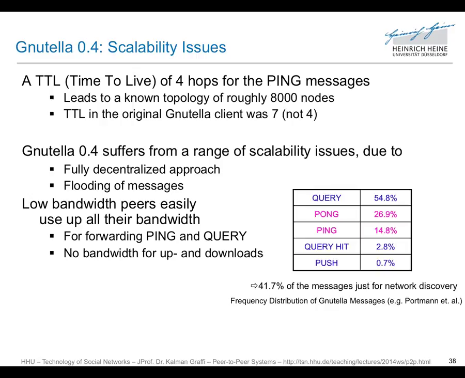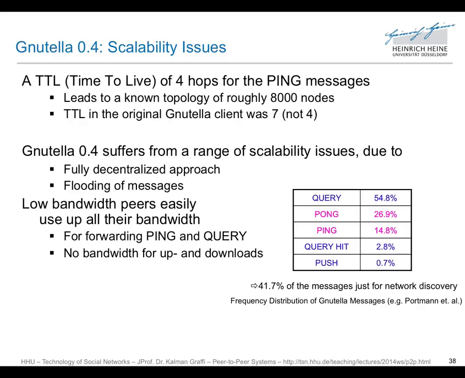As I also said, this is some measurement from, I think, 2002. The most dominating factor was the query. The other dominating factor were the ping and pong. If you contact your neighbors and they contact their neighbors and they answer to you, it's also generating 40% of the traffic.